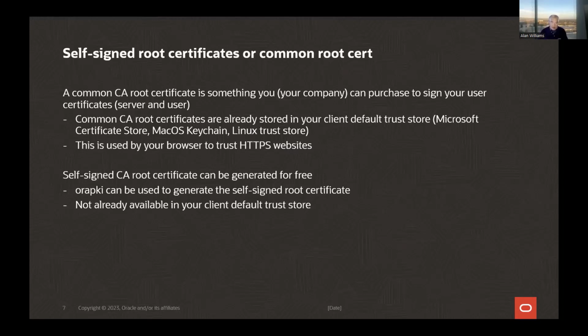Do you want to accept it? Do you want to continue to go to this website? So on the other hand, you've got the self-signed CA root cert that an organization can use, or it could be just a division within your organization that decides to use it. You can create that, or a PKI can generate that easily, but by default, it's not available in your client default trust store.